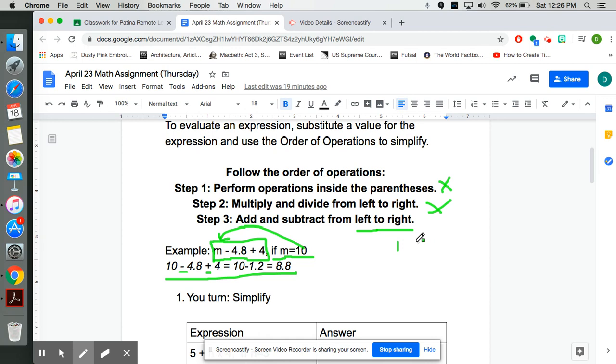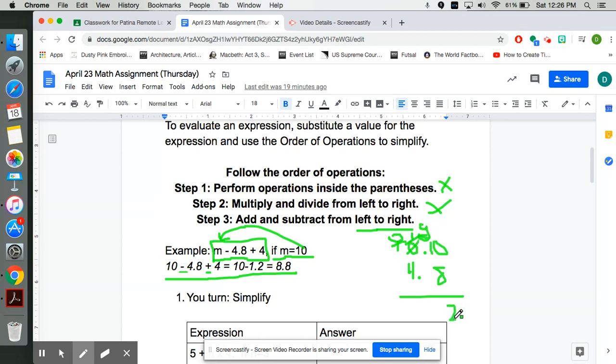So I'm going to do 10 − 4.8. If I do that over here, I put 4.8, and I'm going to regroup to make this a 0, and this a 10, and then a 9.